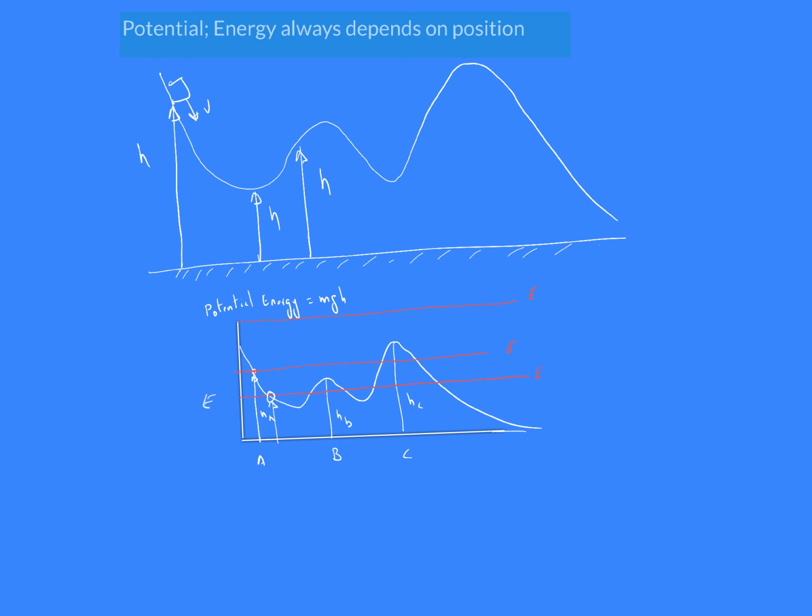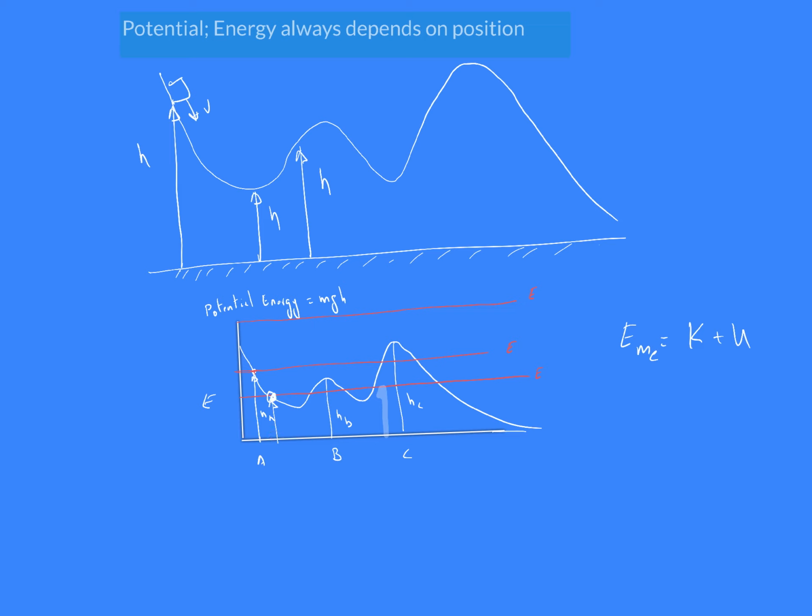The mechanical energy will be potential energy plus kinetic energy, K plus U. So in this case, if you have the object here, and this is the total energy, the red line, it will say that there is no kinetic energy, because the mechanical energy is all this amount up to the first red line.